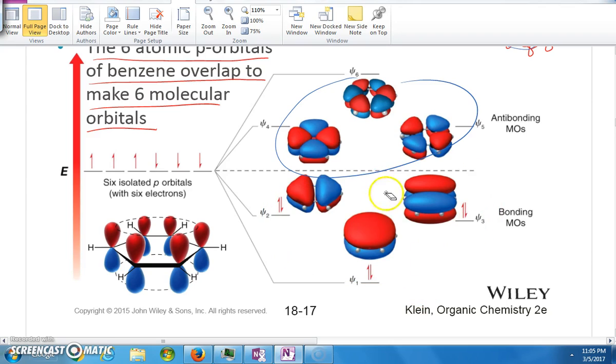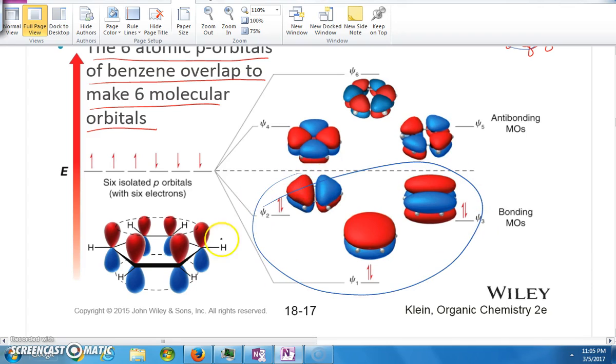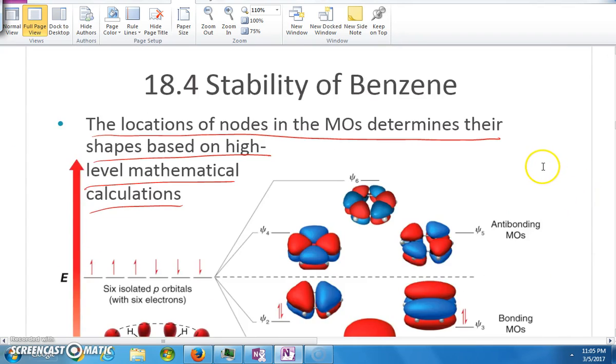Now, because it has a total of 6 electrons, if you place all the electrons in the bonding molecular orbitals, you see that the bonding molecular orbitals are all filled, and so the molecule is going to be exceptionally stable. And if they're all filled, that means the molecule is going to enjoy significant stability.